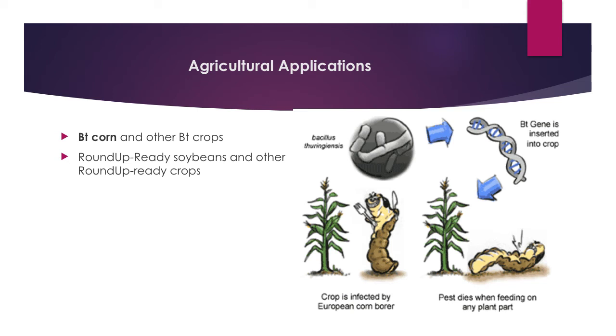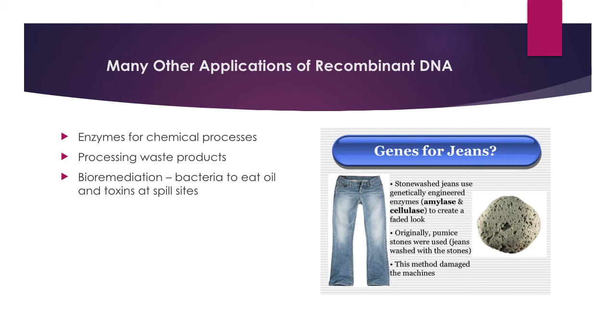Another important agricultural application is a gene for resistance to a very broad spectrum herbicide called Roundup. These soybeans have unlimited resistance to Roundup, and Roundup kills virtually all broadleaf weeds. It's really valuable. There are many other applications as well. We can make unlimited amounts of enzymes.